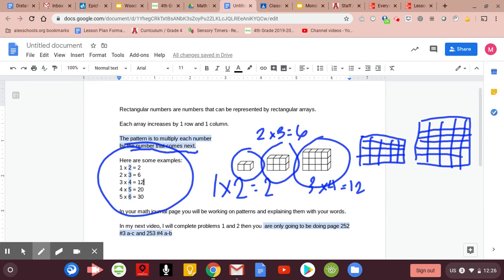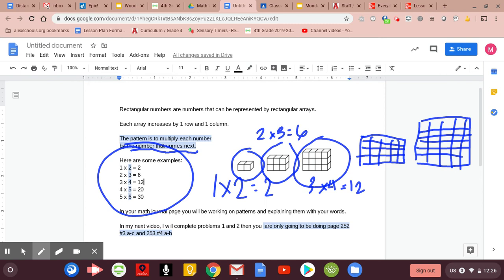So that is the pattern with rectangular squares or rectangular numbers. You are going to do this in your journal page, and I will help you with the first problems, 1 and 2, which is building on this pattern. We are really focusing on patterns and identifying them and building on them, or generating them.